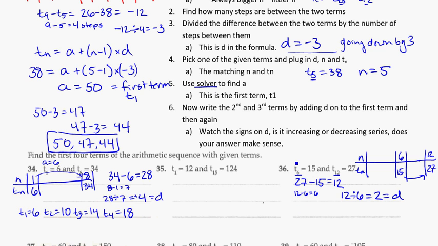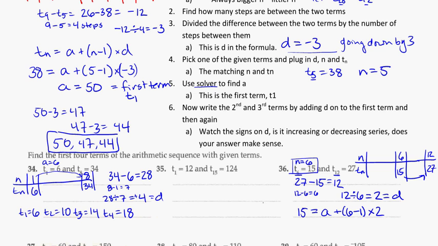Picking one of my terms because I don't know my first term here, so I'm going to use this pair here. t sub 6 is equal to 15, which means that n is equal to 6 because I'm using this one, t6. So I'm going to plug into my formula and say 15, t sub 6, is equal to a, which I don't know, plus in this case, 6 minus 1, times 2.